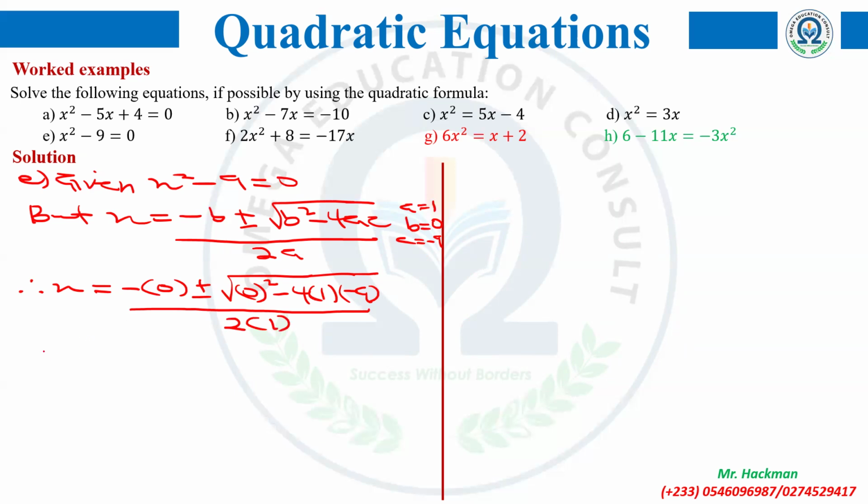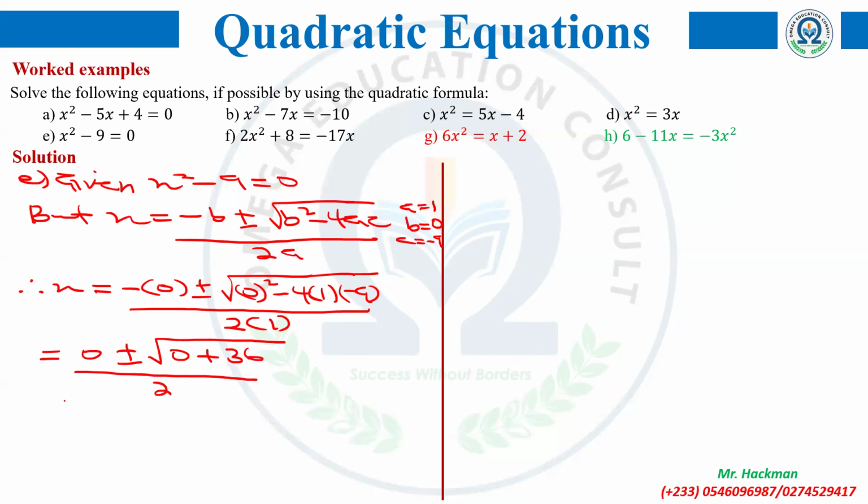So this is going to be equal to -0, so you can choose not to write it. Don't write -0, it's just 0. So plus or minus, then root of 0 squared, which is 0. Then minus times minus will give you positive, 4 times 9, 36, all over 2.